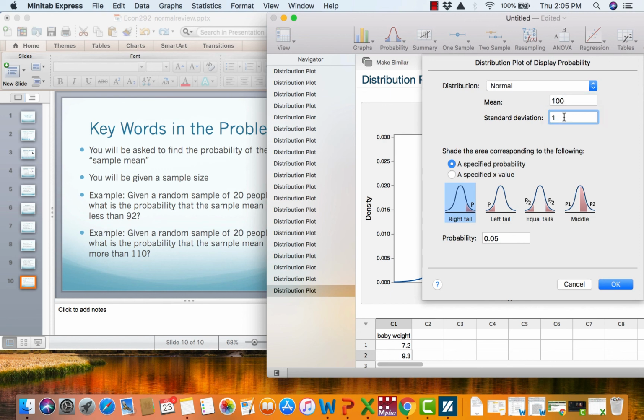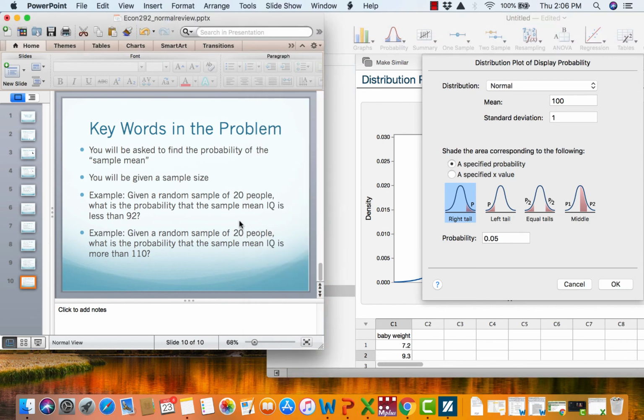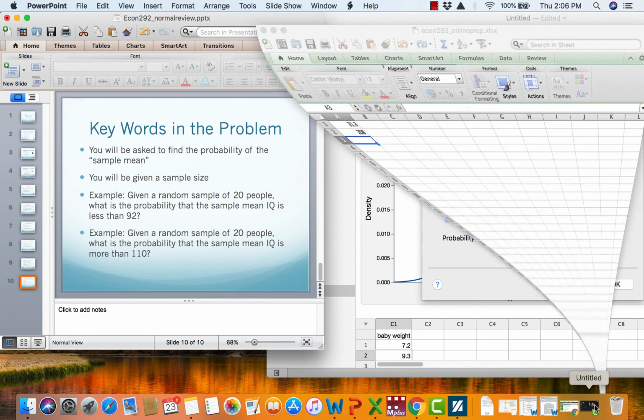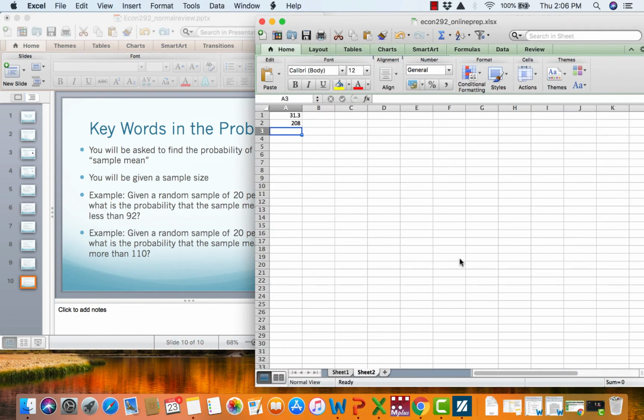But the standard deviation is no longer 15. The new standard deviation is 15 divided by the square root of 20. Either by Excel or calculator, we need to calculate this number. So I'm going to say equals 15 divided by the square root of 20.